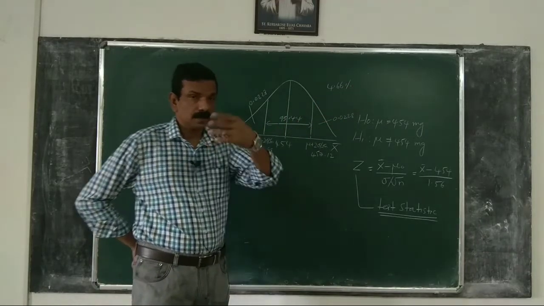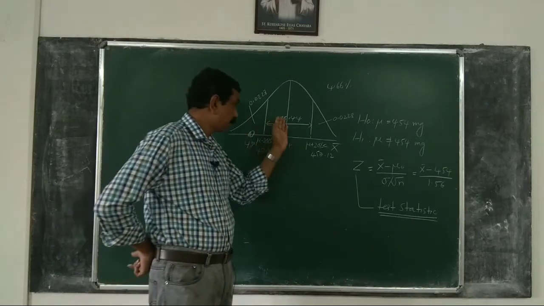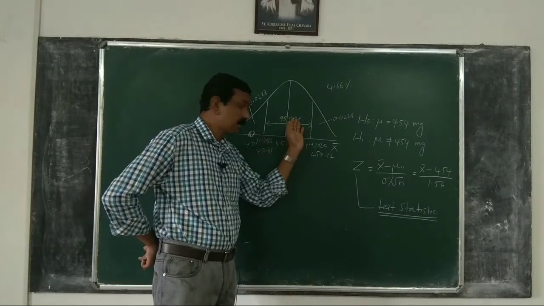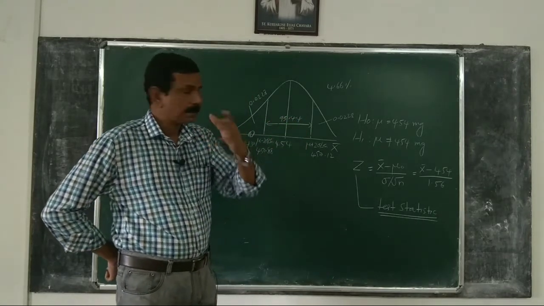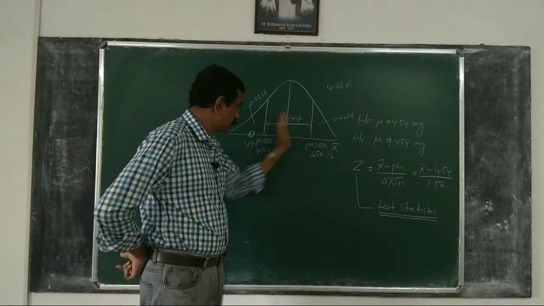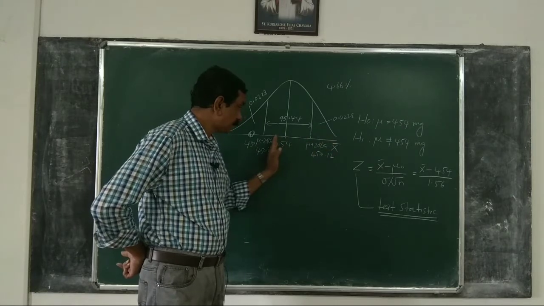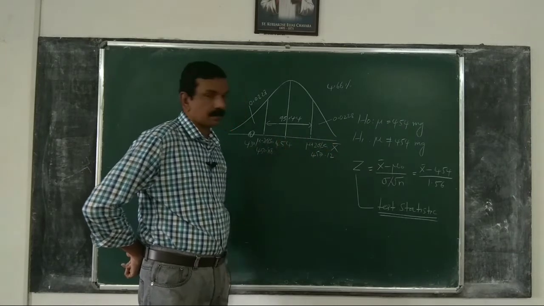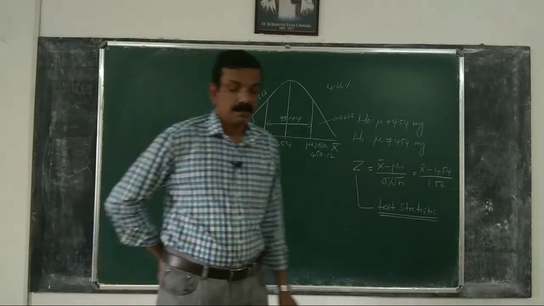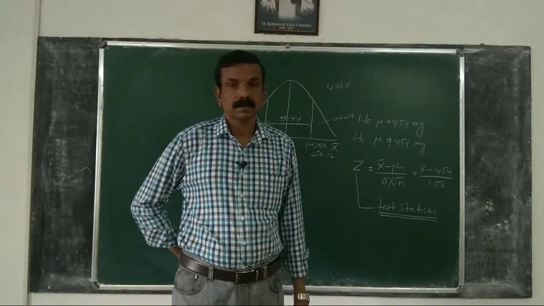And we are sure that there is a 95.44% chance that this x bar is not generated from a population with a mean equal to 454. That is why we reject H0.